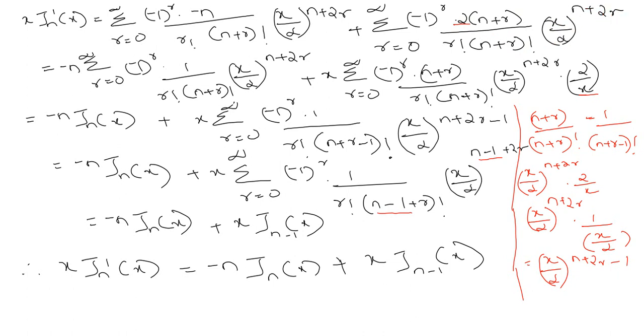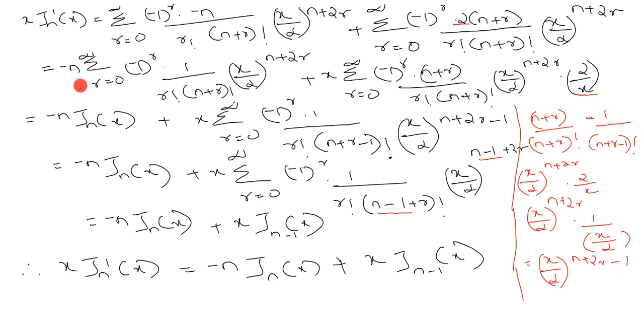Now in the next step, from the first term we are going to take this minus n outside the summation sign, and in the second term we are going to multiply and divide by x. So here is the x with which it is multiplied, and this is the x with which it is divided, and we are going to take this 2 here, so this can be written as 2 by x. That is the next step.